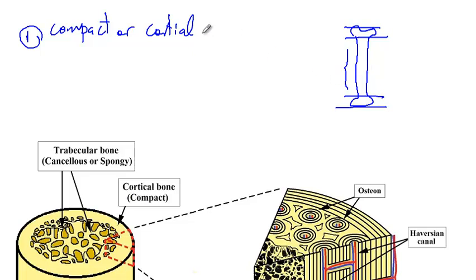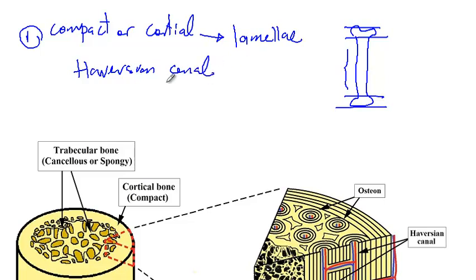And these bones are made of concentric rings of extracellular matrix that are called lamella. And these lamella are surrounded by a central canal called Haversian canal. And the function of Haversian canal is that it houses blood vessels and nerves.